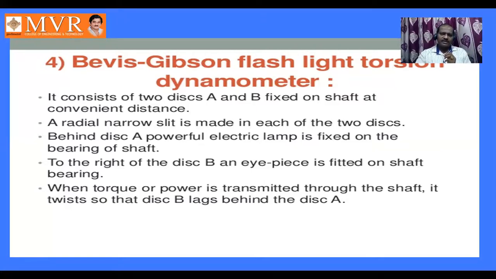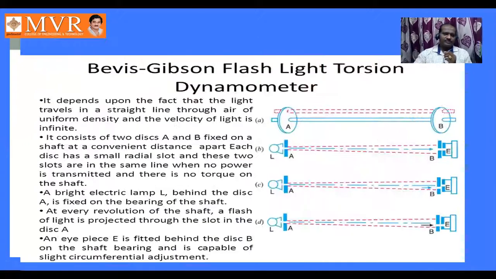This is the construction of the Bevis Gibson flash light torsion dynamometer. In torsion dynamometers, Bevis Gibson is one of the methods to measure the angle of twist.